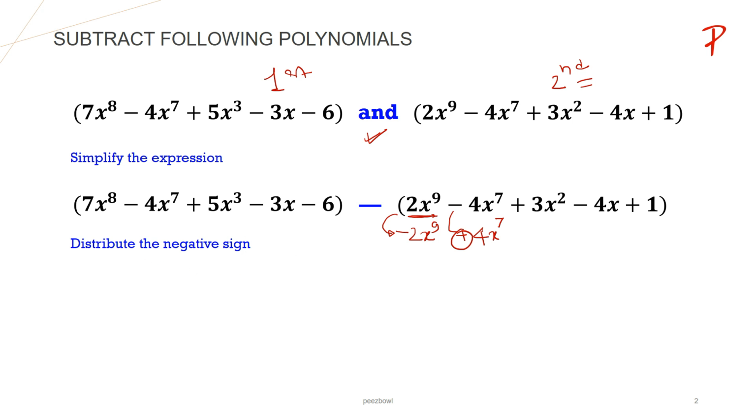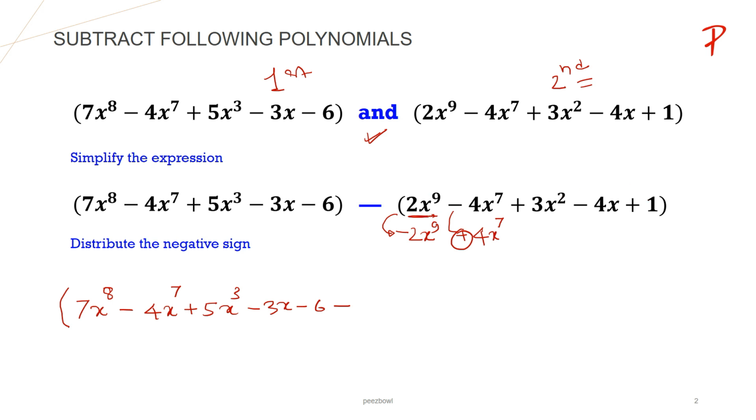Let us see how we do it. I will write the first polynomial as it is: 7x to the power 8 minus 4x to the power 7 plus 5x cube minus 3x minus 6. And for the second polynomial, I have a minus sign, and after that all these terms will change their signs.